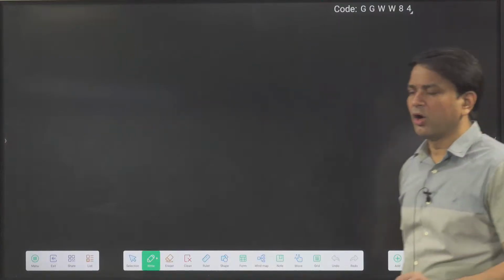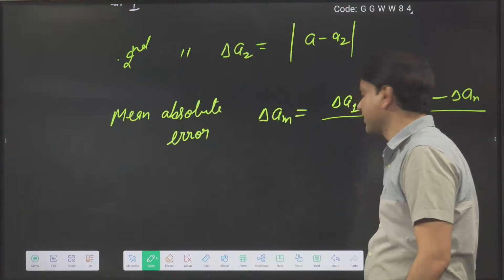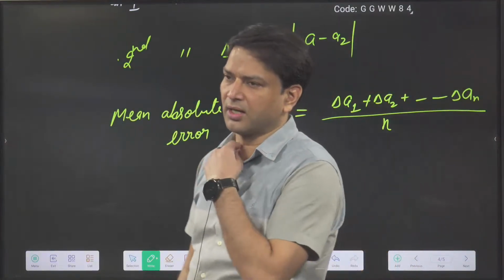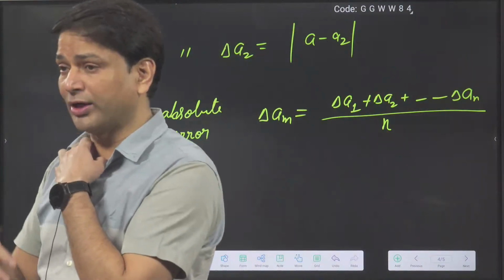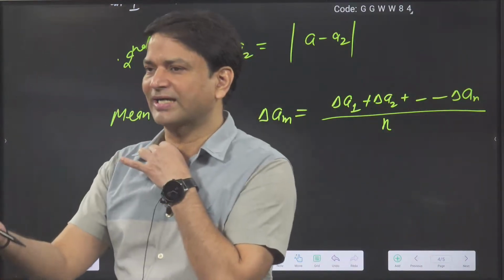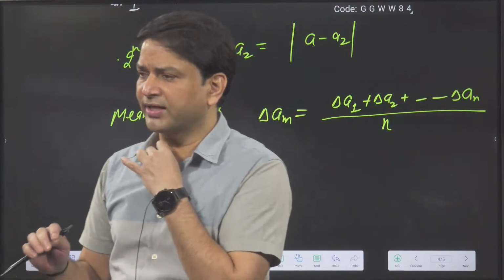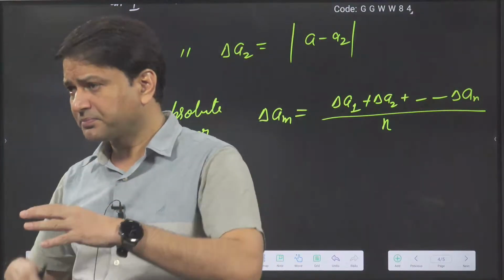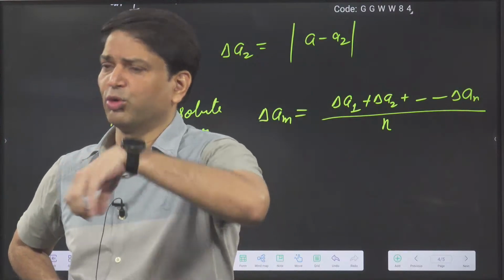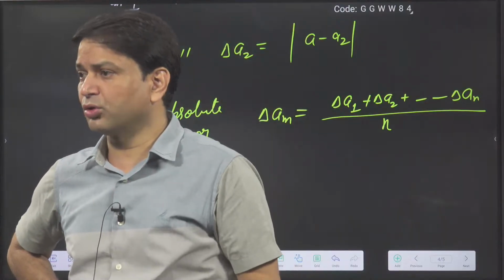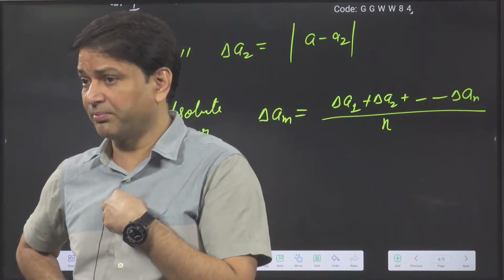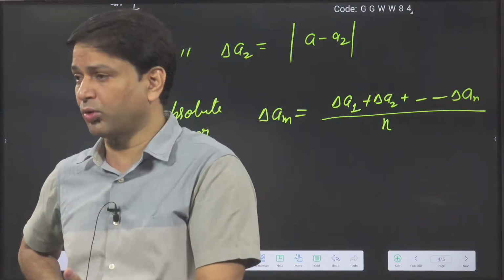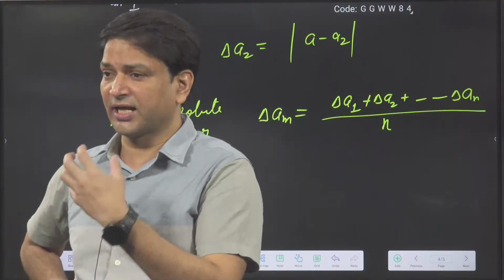Okay. Now with the error, how do we write the quantity? Suppose you know the error and the true value of the quantity, then how do we write the quantity with the error? When we are doing an experiment to find any quantity, we don't know the actual value. Whatever we measure, maybe I measure more than actual or maybe less than actual.